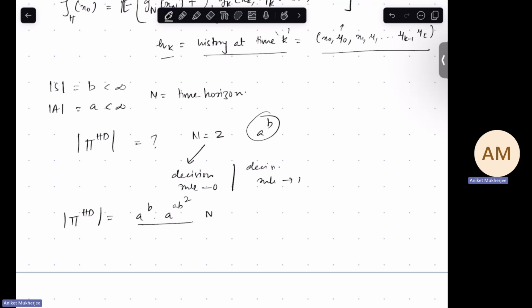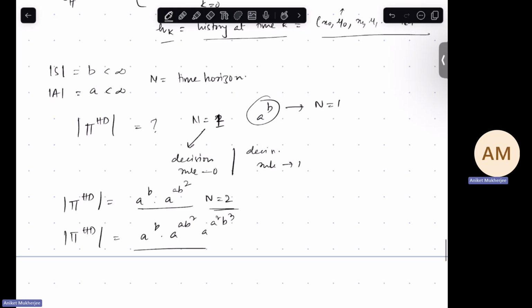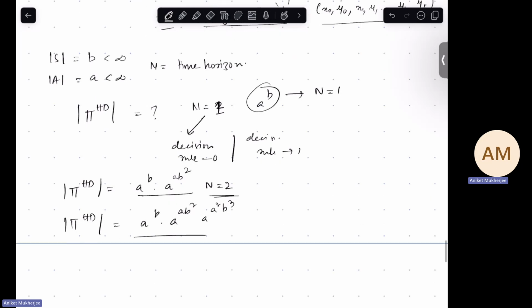This is for n equal to 1, this is for n equal to 2. And similarly for n equal to 3, you get ab, ab square, a square b cube. Because each time you're adding a state and an action pair to the history, so those many choices would increase, right?